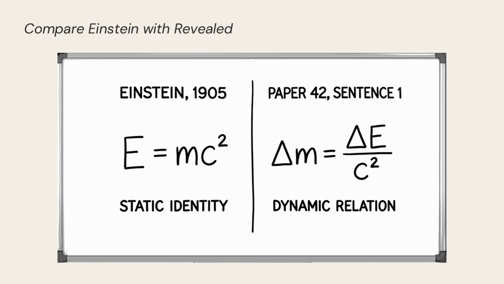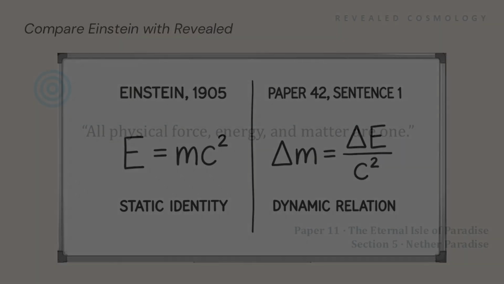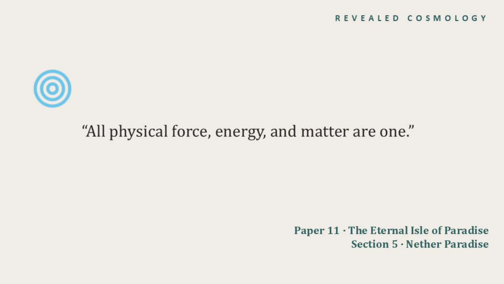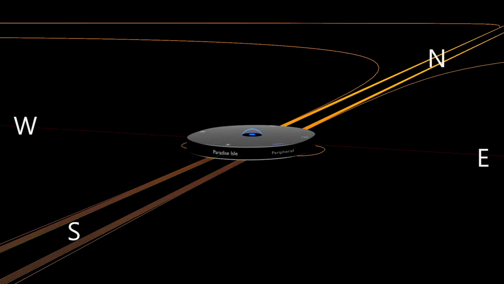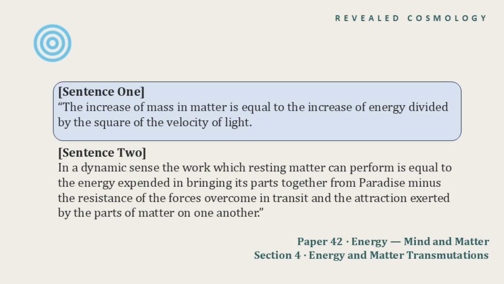The papers affirm a deeper equivalence elsewhere in paper 11, where they say all physical force, energy, and matter are one. That unity runs the full chain from mother force of space to organized atomic matter. The first sentence of 42.411 is situated at the bottom end of that chain, the place where Einstein's equation operates.